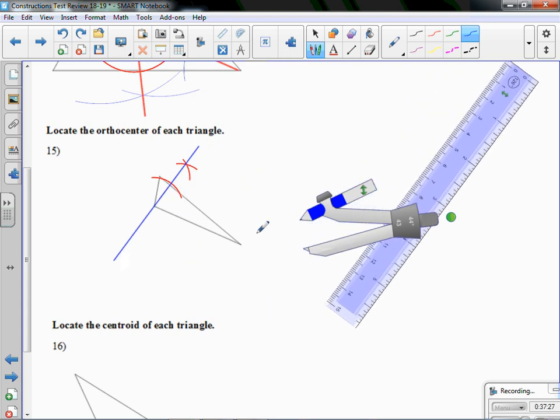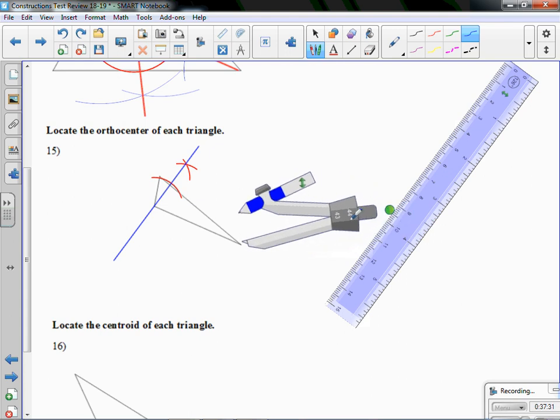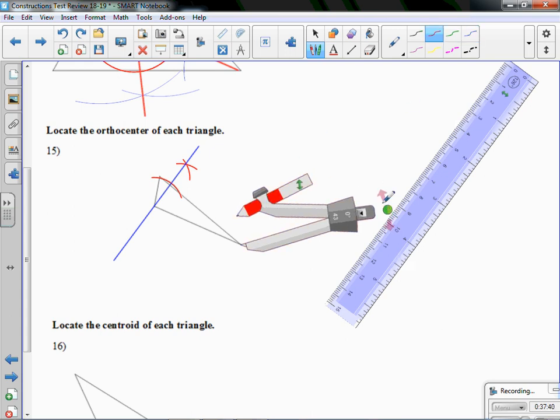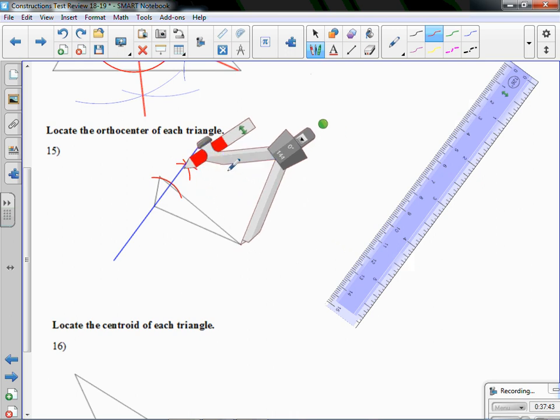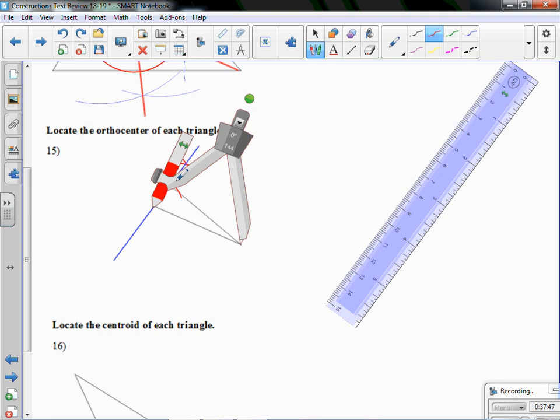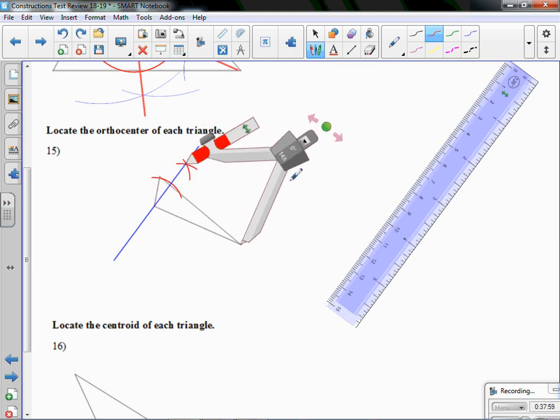And we need to construct one other one. So I'm going to go from this point here and I go to the opposite side, so open my compass so that it goes past the opposite side, about that length, and I need to be able to hit this side in two places, which that side's not wide enough for me to do that.